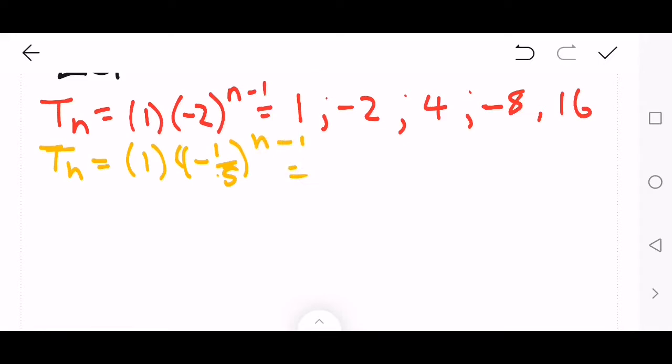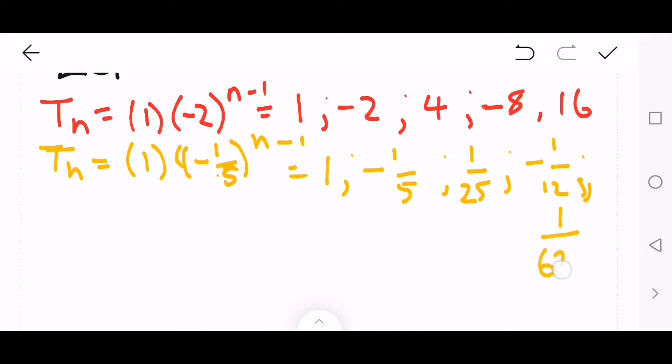Our first term will be 1, our second term will be minus 1 over 5, the third term will be 1 over 25, fourth term will be minus 1 over 125, and our fifth term will be 1 over 625.